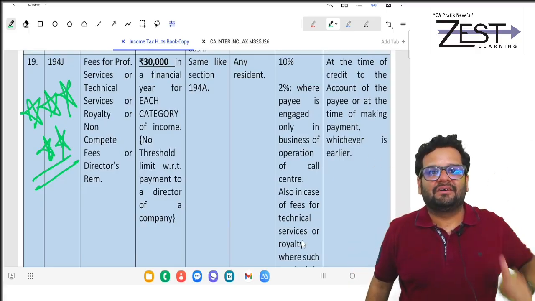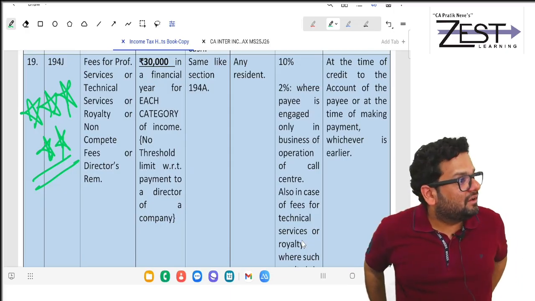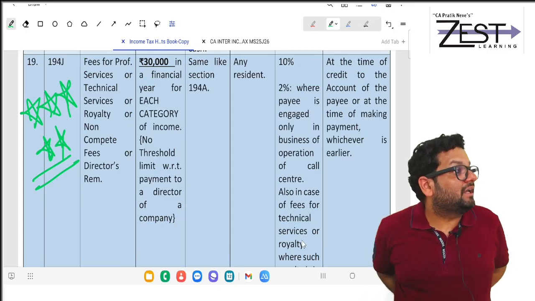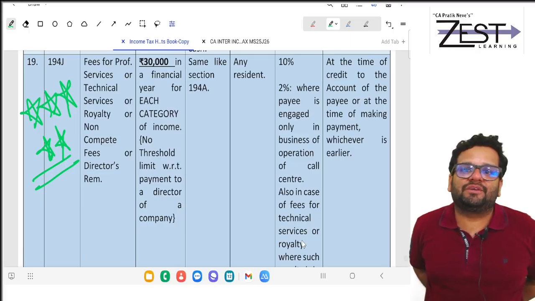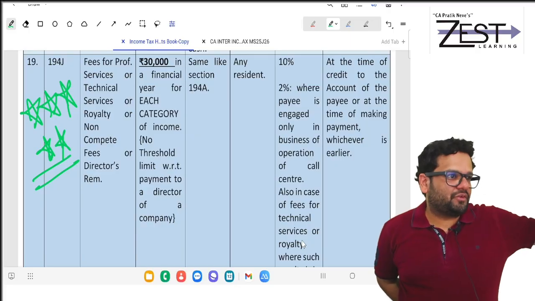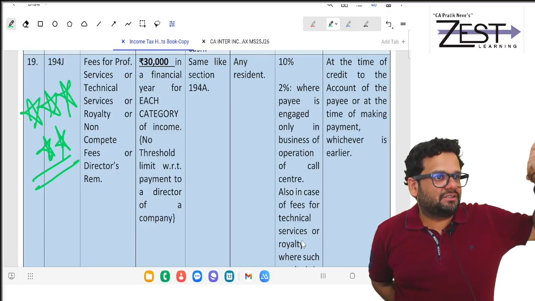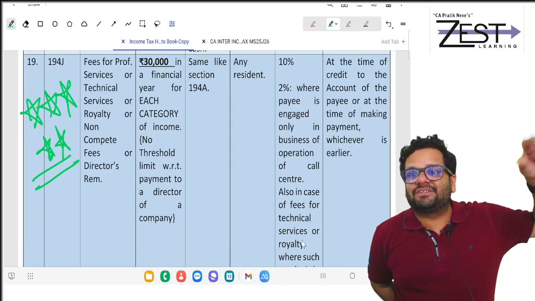Now J, professional fees. Fees for technical services. Royalty. Non-compete fees. There are 5 payments actually: professional fees, fees for technical services, royalty, non-compete fees, director's remuneration.